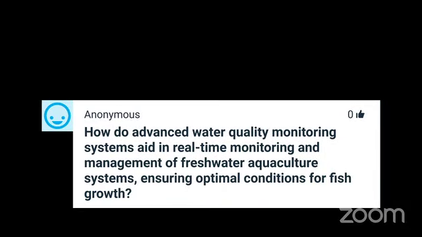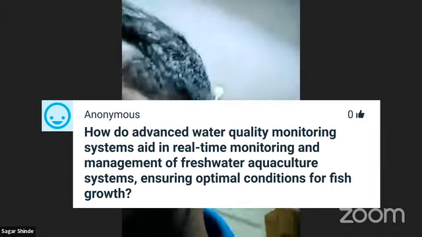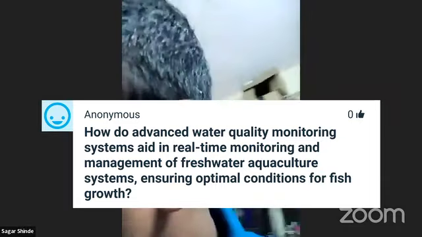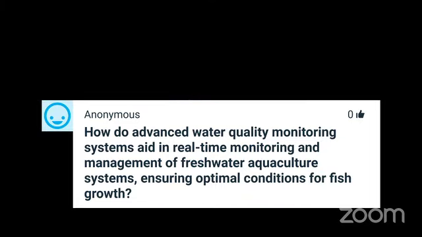How do advanced water quality monitoring systems aid in real-time monitoring and management of freshwater aquaculture systems, ensuring optimal conditions for fish growth? Can you repeat the question? Okay, I will repeat the question.